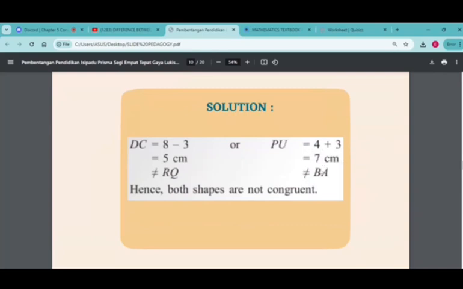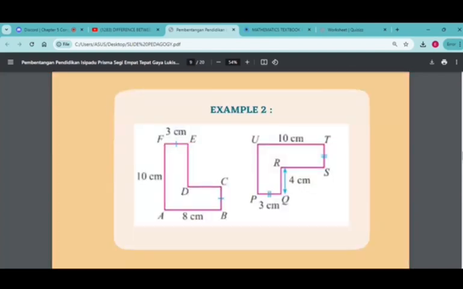It's not the same as PU, not the same as BA. Hence, both sets are not congruent. Example 2 is not congruent.